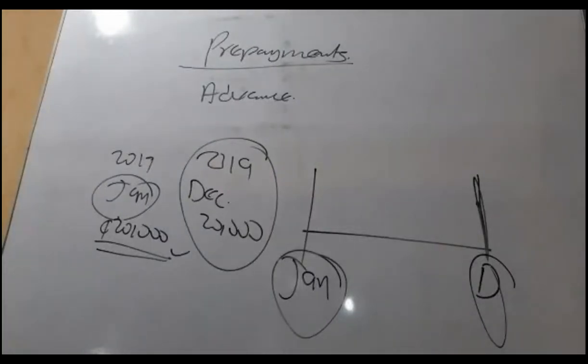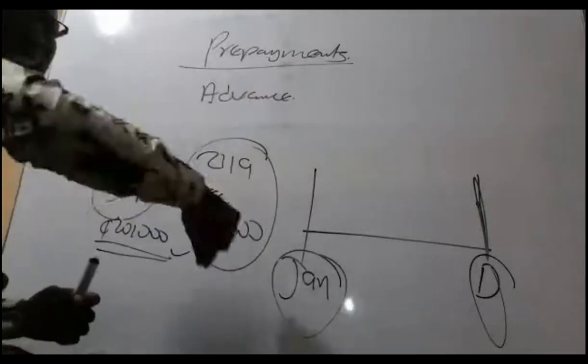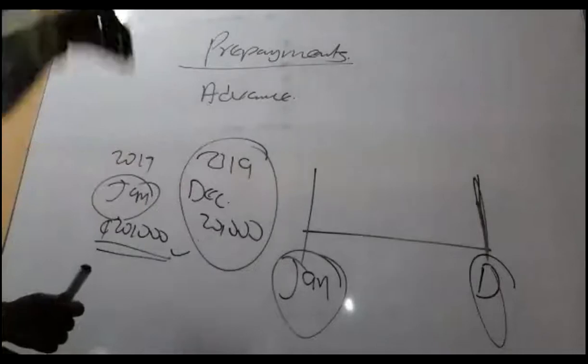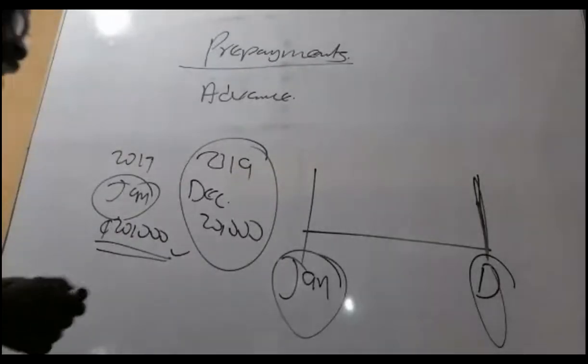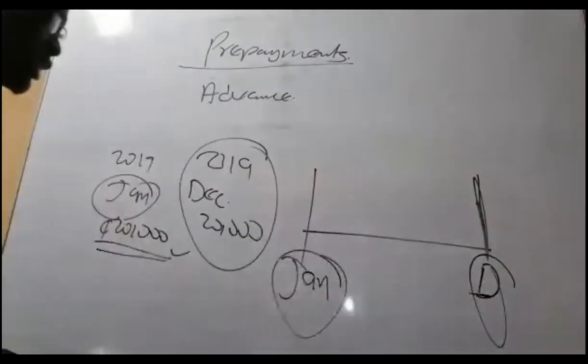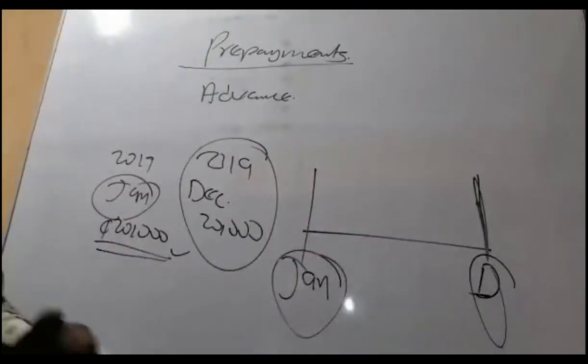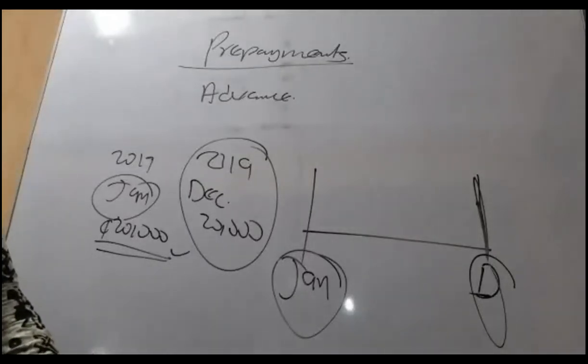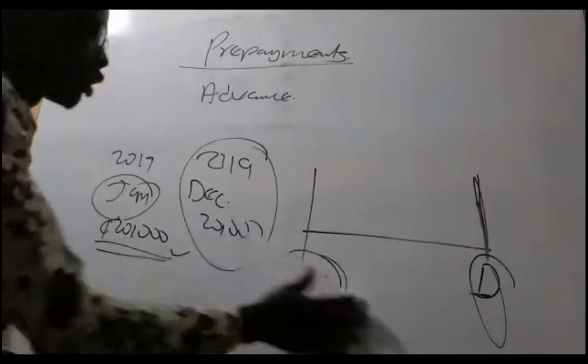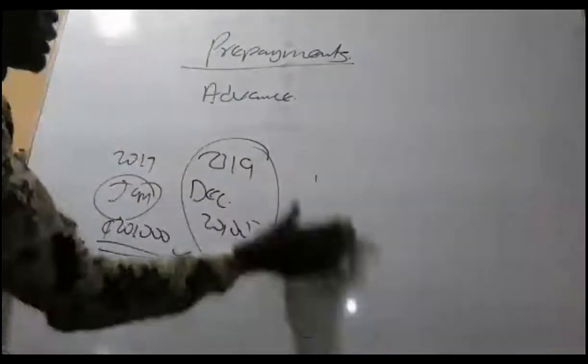Prepayment means, as at the time that you are preparing the financial statement, have you paid anything ahead of time? That's a prepayment. So at the time that you prepare the financial statement, it is the rent paid in advance. Good. Okay. Now let's see.